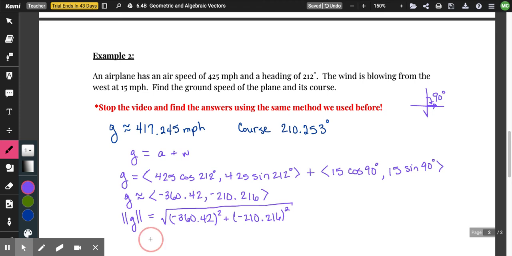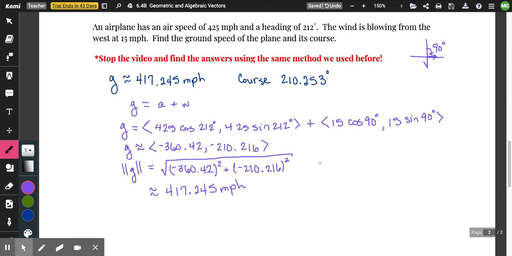And of course, when I do this in my calculator, I would be doing the inside part first and then taking the square root of the result. And I should arrive at 417.245 miles per hour. Alrighty, which is what we got for the ground speed when we did this geometrically, like we had learned before using law of cosines.